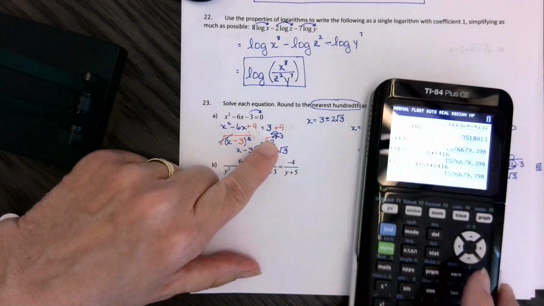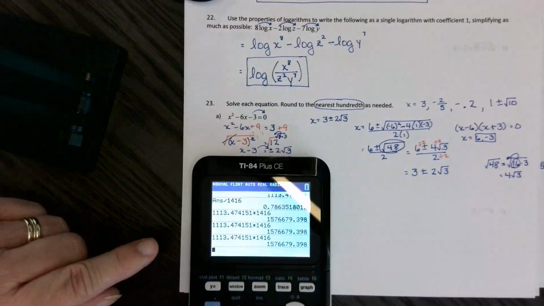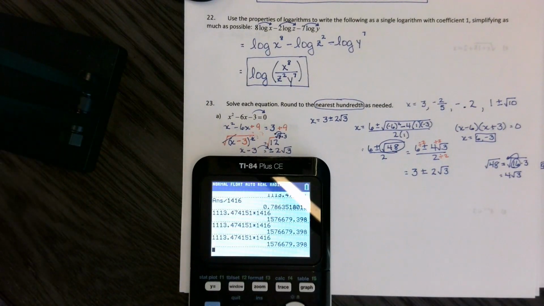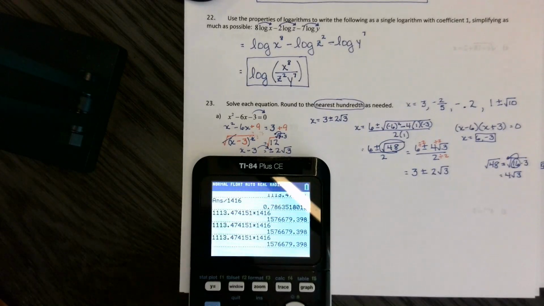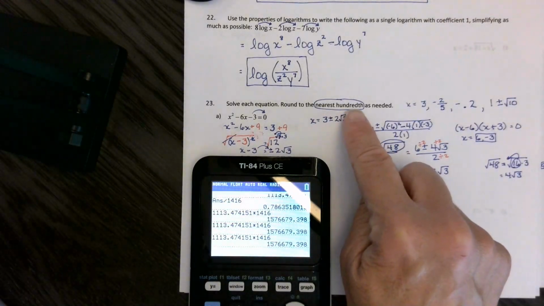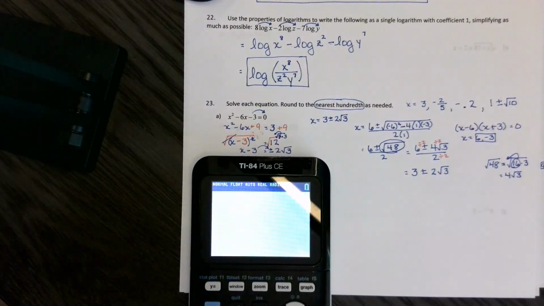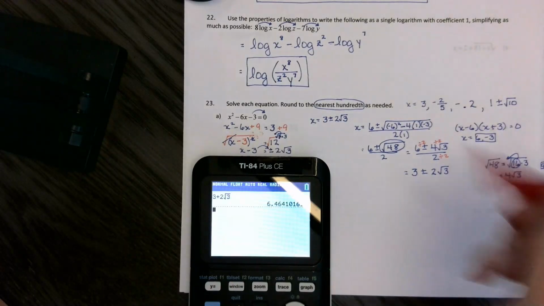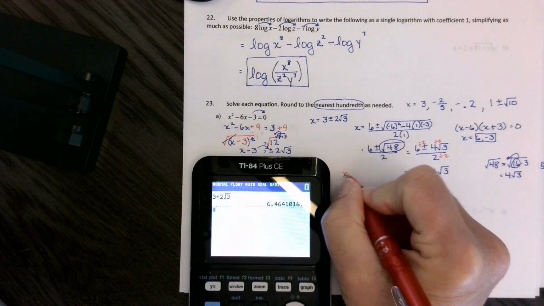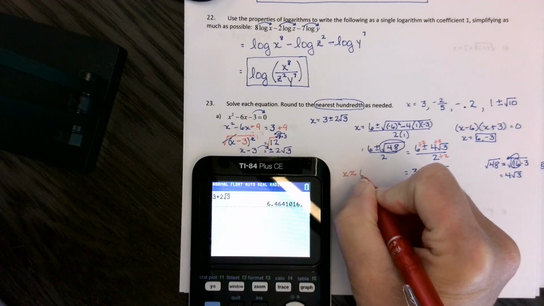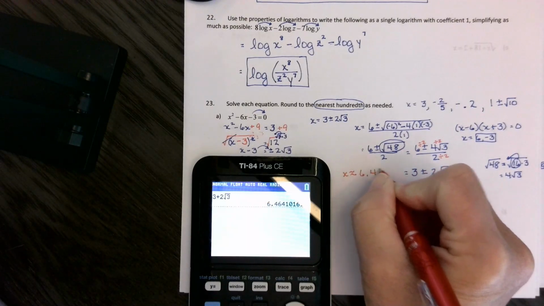But seeing it says to do that, because you don't know, when you're taking your final, I don't know if it's going to have this answer or this answer. So anyway, I'm just going to use this 3 plus or minus 2 times the square root of 3. And it's going to round to x is approximately 6.46.